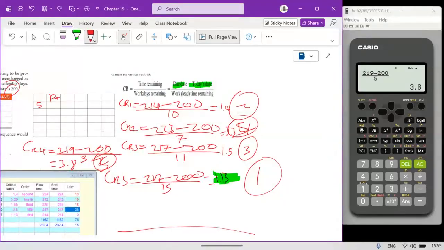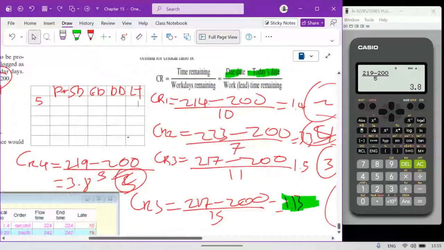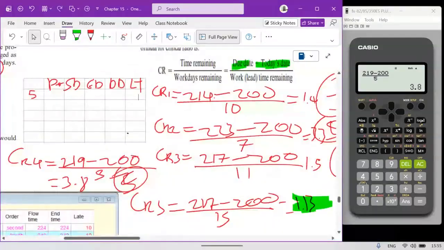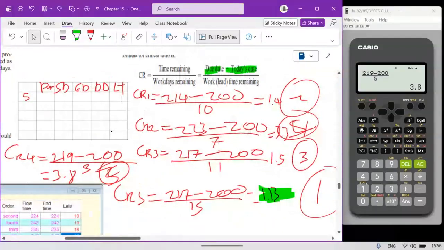PT, start date, end date, due date and lateness. All right. Who's number 2? Number 2 is actually number 1. Okay, let's start first by writing the values. 15.